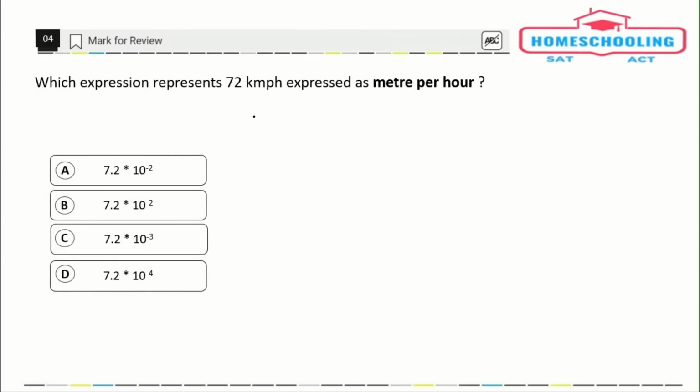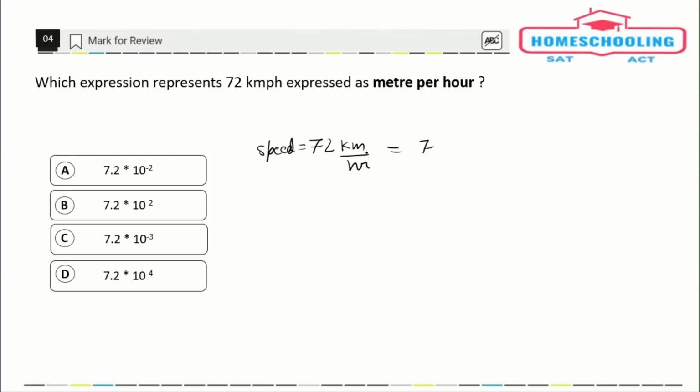Question number 4 says: which expression represents 72 kilometer per hour expressed as meter per hour? The speed is 72 kilometer per hour. We have to convert it into meter.